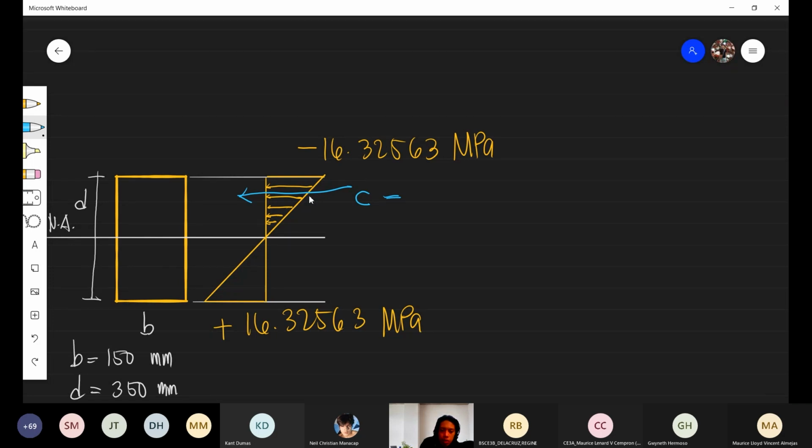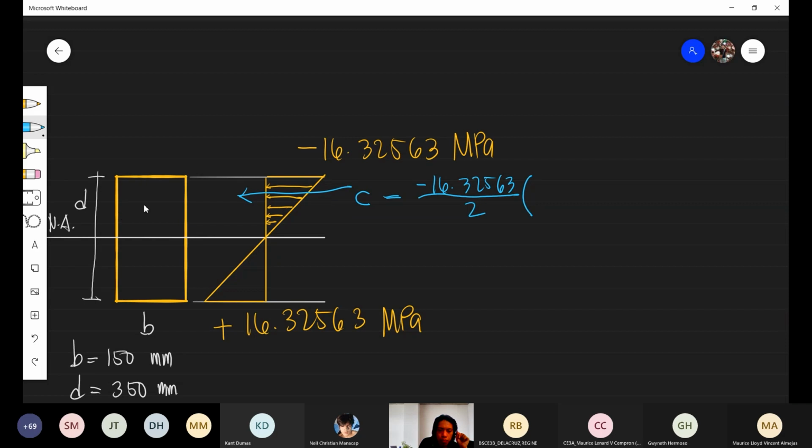For a triangular distribution, the average is negative 16.32563 plus 0, divided by 2. That's the stress times the area.